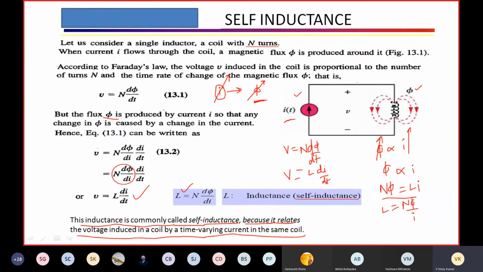Because of the current flowing through the same coil, you get EMF across the coil. That is why the property of an inductor to produce voltage when current is flowing through the same coil is called self-inductance.